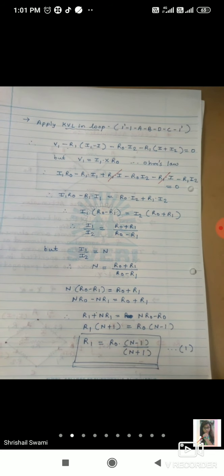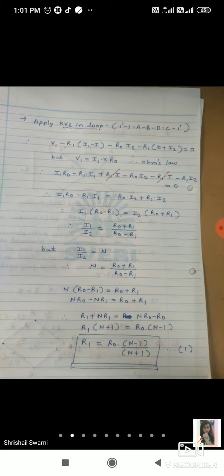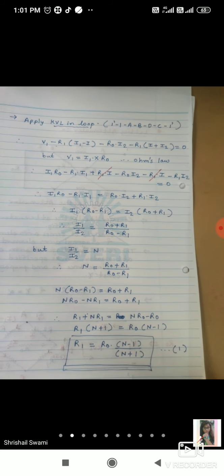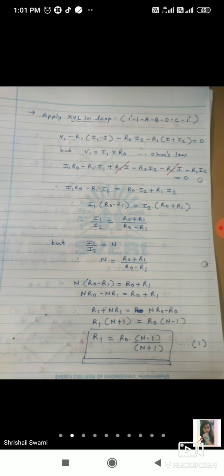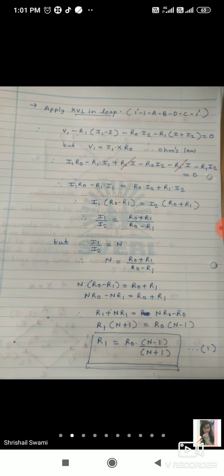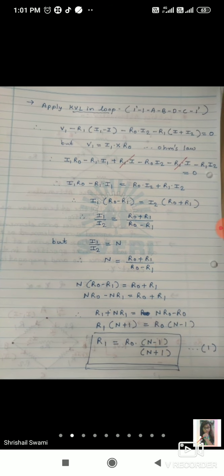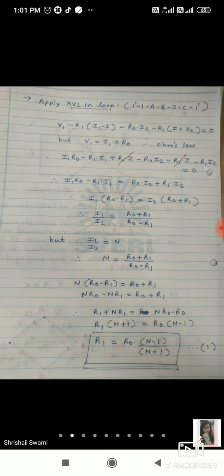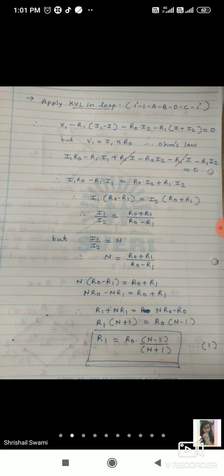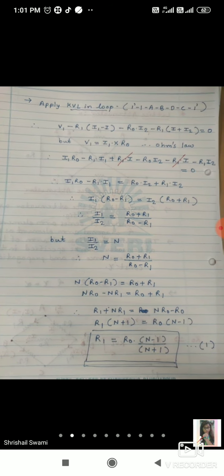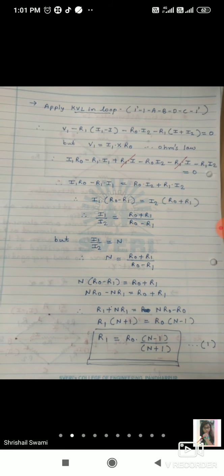So you can tell me now, if I want to get the expression of R2, what can I do? I want to get the expression of R2 now, so what can I do? Anyone? From this derivation, can anyone tell how to get the expression of R2 now? Anyone?